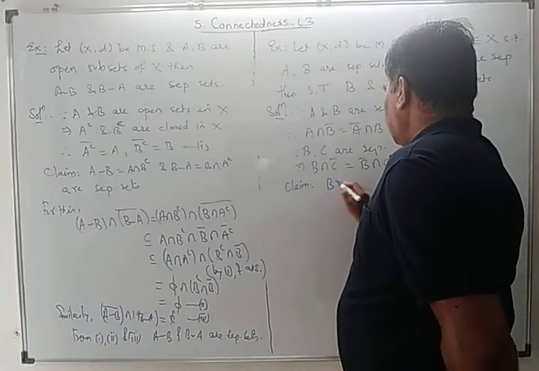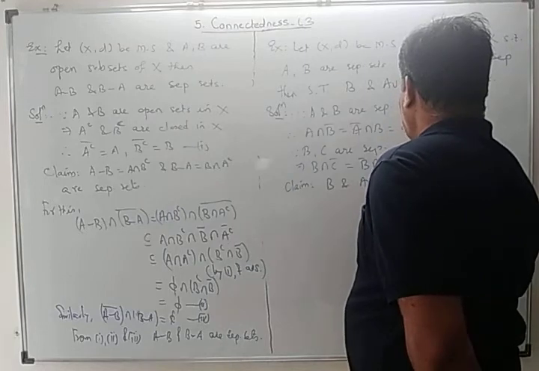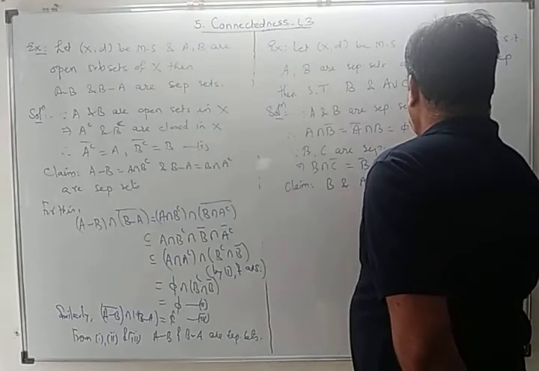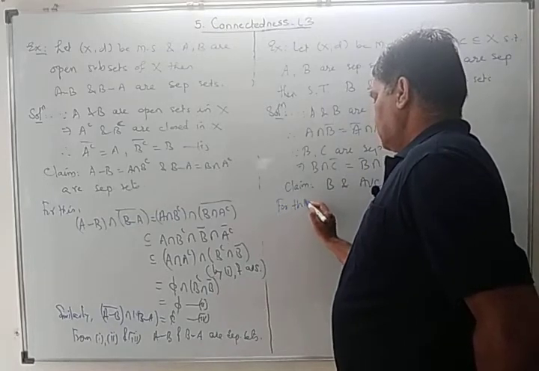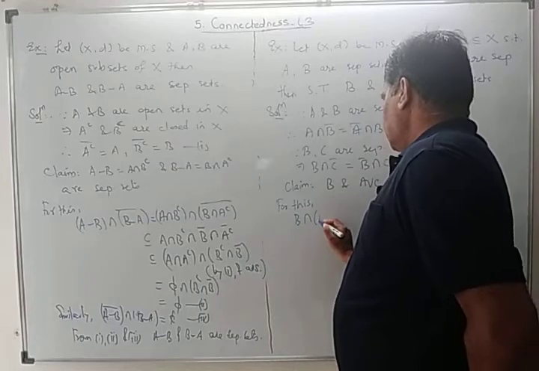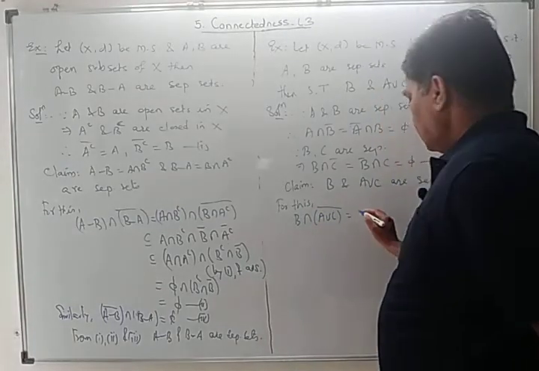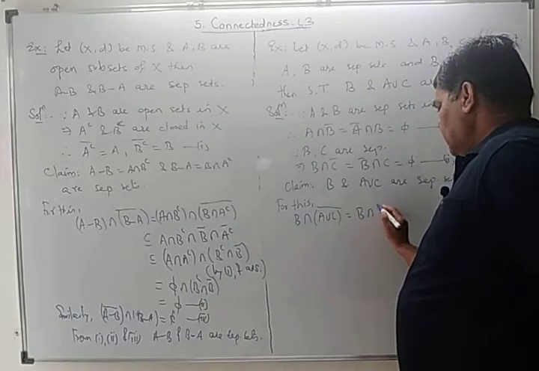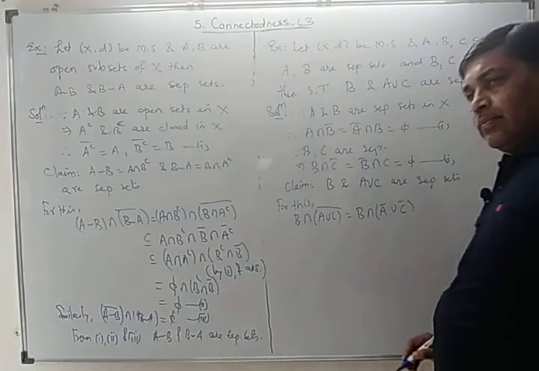Claim: B and A union C are separated sets. So for this, B intersection closure of (A union C) is equal to B intersection (A closure union C closure).